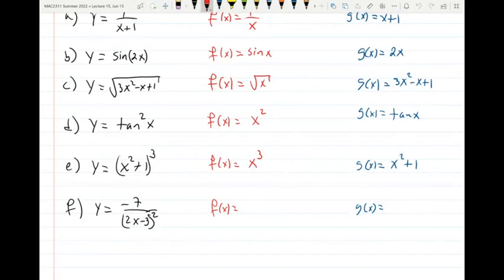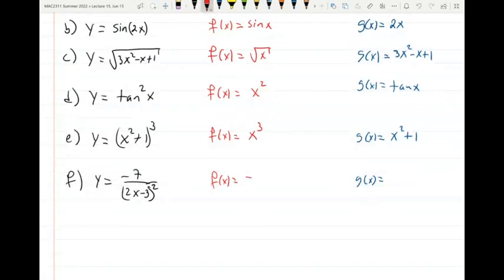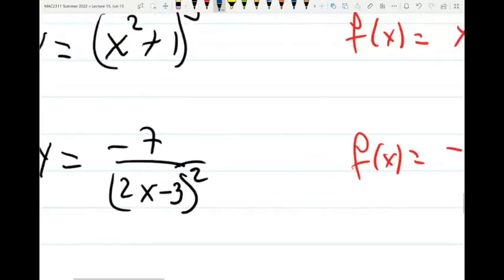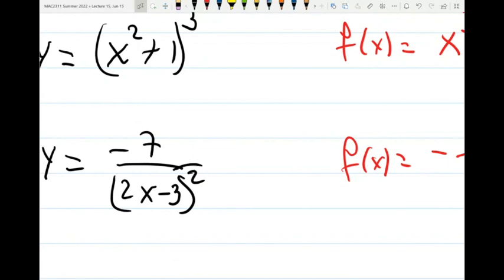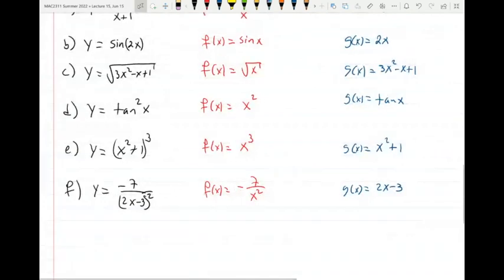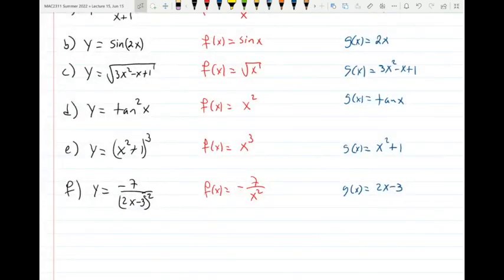And how about F? -7 over x squared, and then 2x minus 3. Good. Are you guys okay with this?